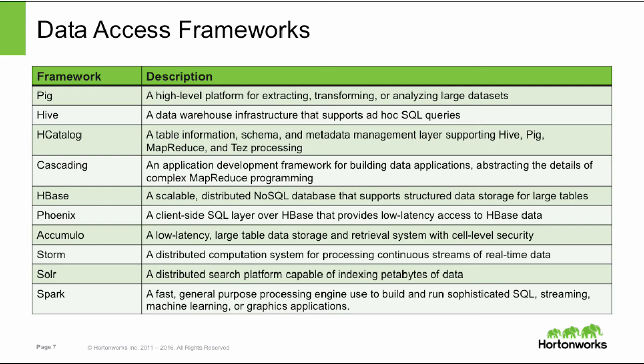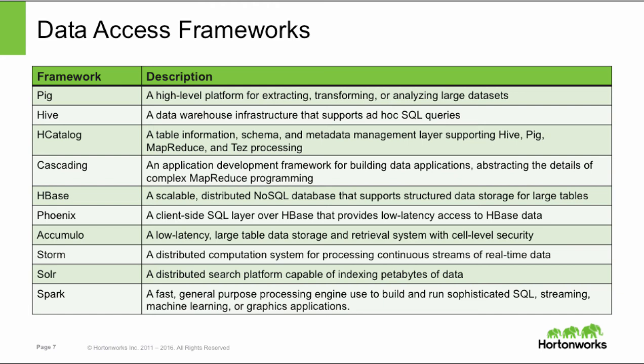HBase and Accumulo are our NoSQL systems that we have as part of HDP. Phoenix is a way to bring JDBC operations to HBase. HBase is a NoSQL, not only SQL, system, so it does not itself support your standard ANSI style SQL. Phoenix is a framework that allows you to bridge that gap.